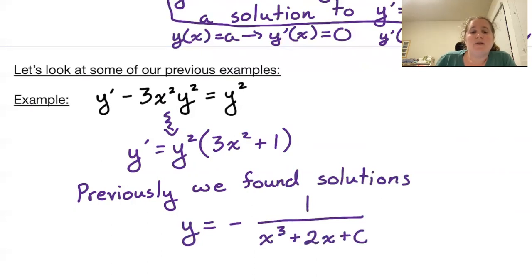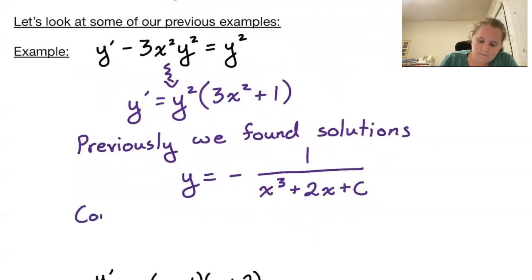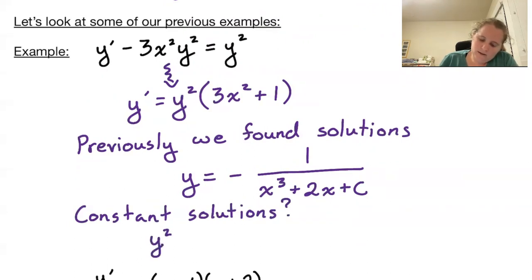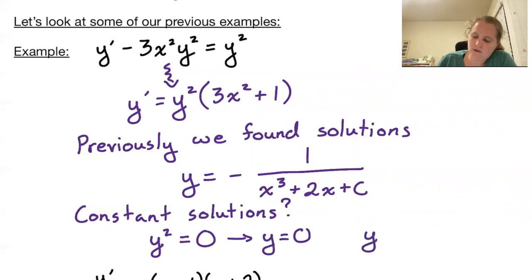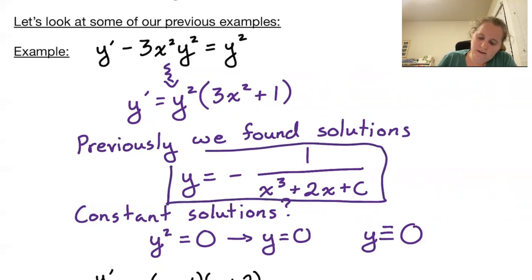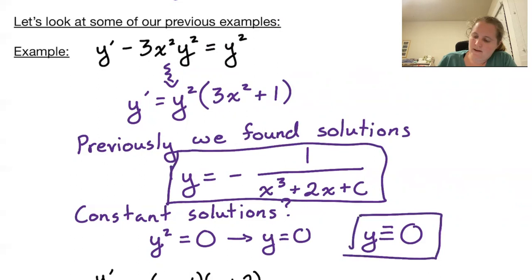So now we need the constant solutions. For the constant solutions, y squared was acting as our p of y. We set that equal to 0. We get that y equals 0. And so our constant solution would be the constant equation y is identical to 0. So here we have solutions, the ones we found previously, and the constant solution y equals 0.